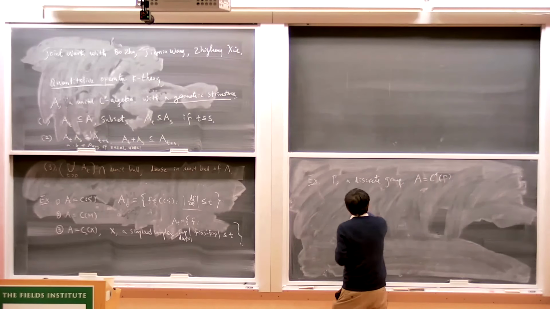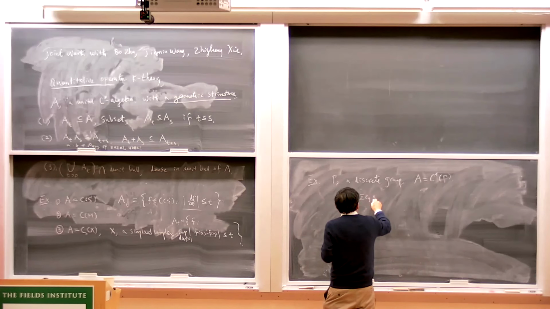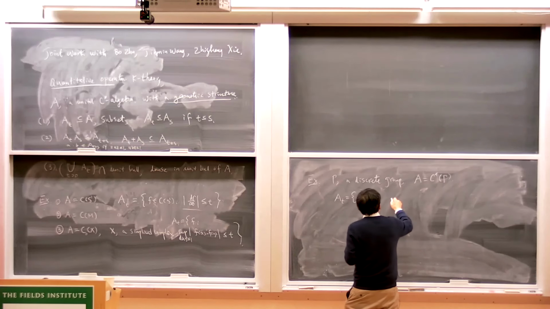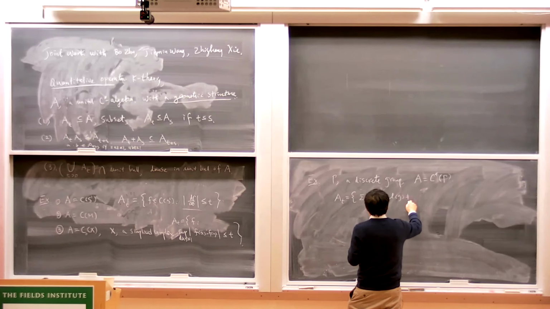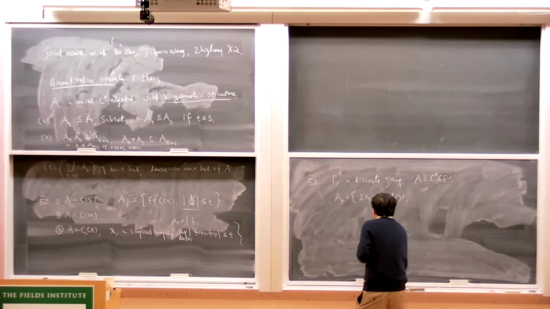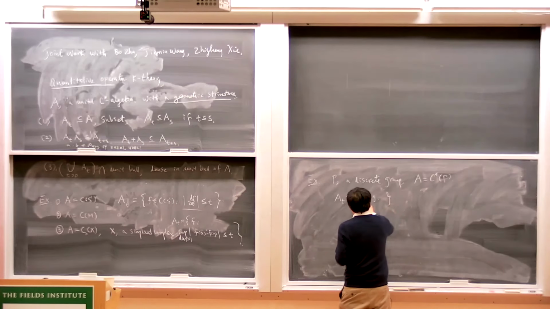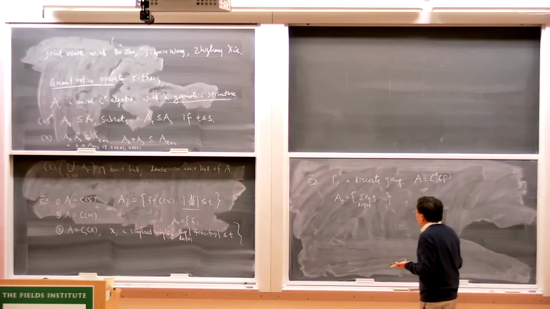And then you can choose A_t to be all the sums where the length is at most t. Okay, so that's also a natural example.